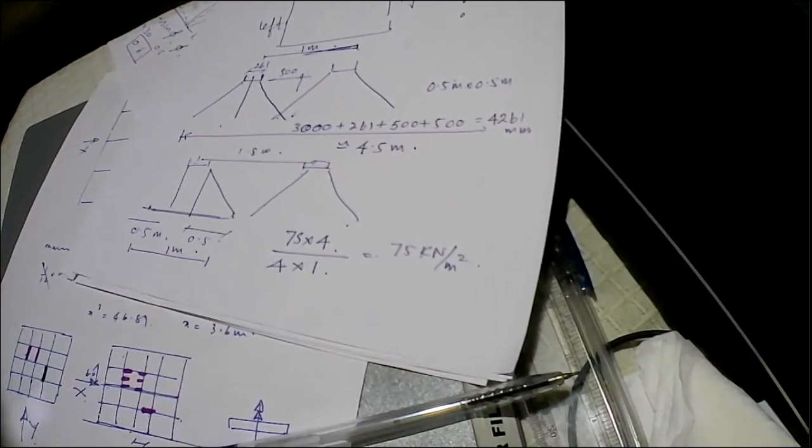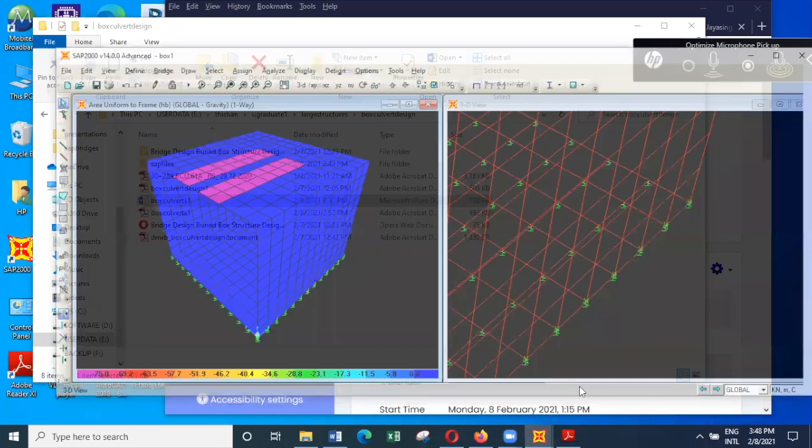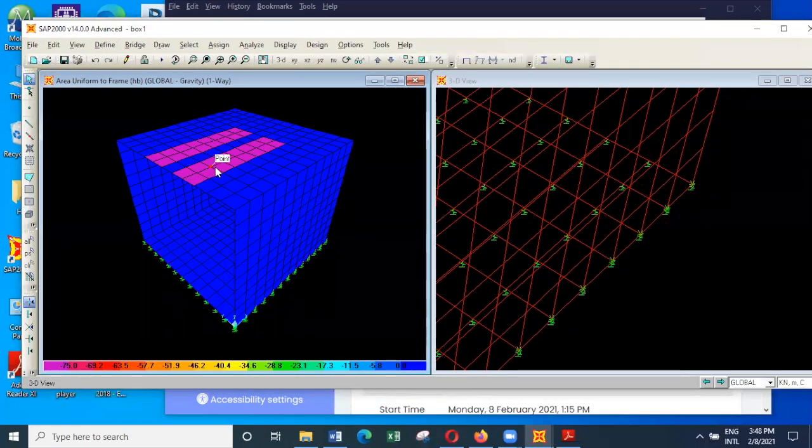So if you consider the model, you'll end up with this. Here you can see I have considered the width of 1 meter and 2, 4, 6, 8.